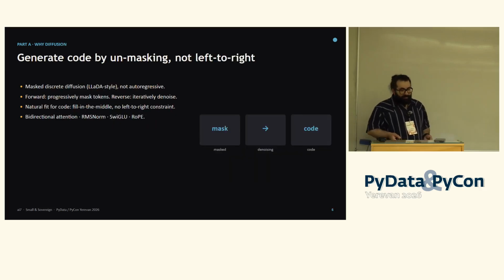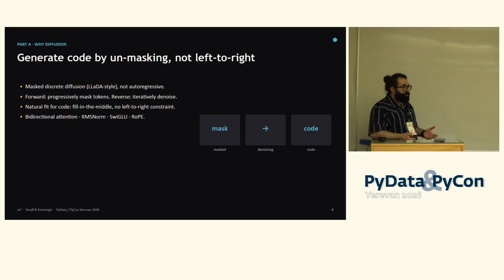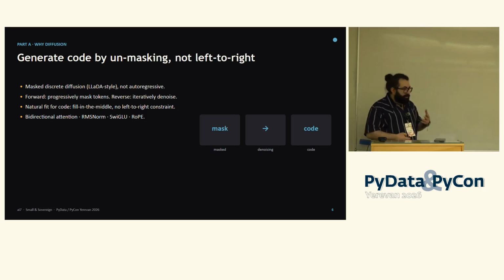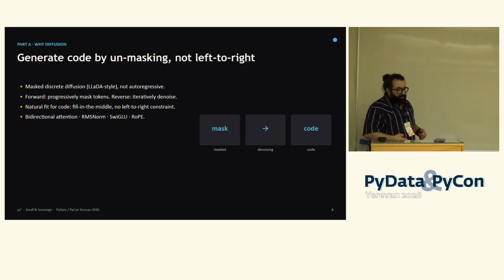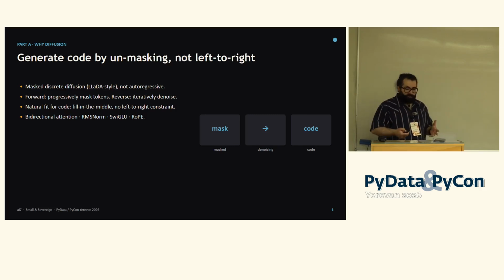What we trained was able to generate code by unmasking, not like the traditional token decoding, predicting the next one and predicting the next one. We used masked discrete diffusion and not autoregressive methods to achieve this.